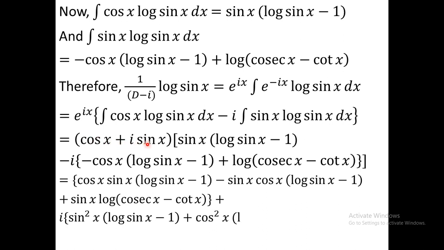Sorry, at first we take that term i sin x into that is sin square x log of sin x, here write down that, and then that term into that term, this will be plus cos square x log of sin x. Please take your notebook and pen and calculate yourself.